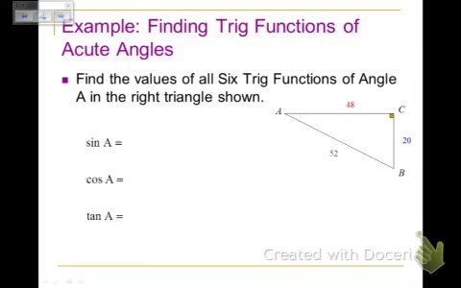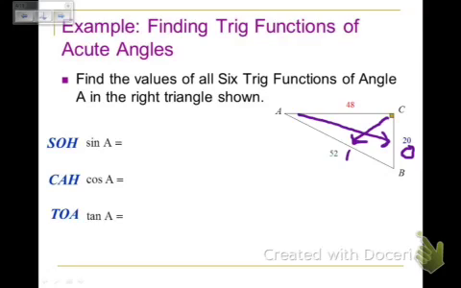Moving on here, finding trig functions of acute angles. We've got an example here, triangle ABC, and we want to find the 6 trig functions, all compared to angle A. So with angle A, I will label all my sides compared to angle A. Compared to angle A, the opposite side is 20, so I'm going to label this one O. The hypotenuse is always across from the right angle, so I'm going to label that one H. 52 is H. And that leaves my adjacent.